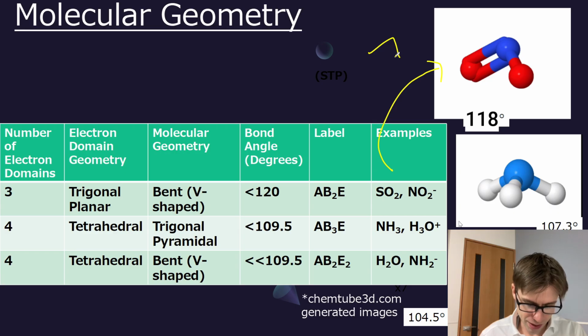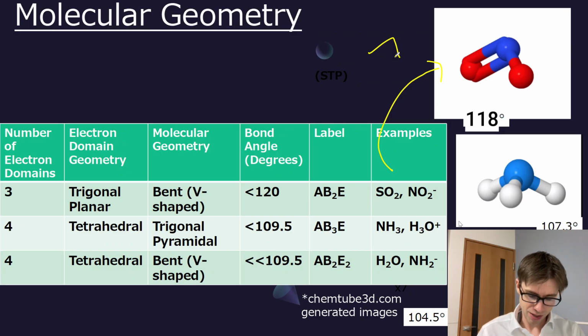Let's go tetrahedral then. So the regular tetrahedral geometry has 109.5, that would be AB4. What if, though, we replace a bonding pair with a lone pair in something like NH3 or H3O+ polyatomic ion? In those central atoms, they have a lone pair as an electron domain.